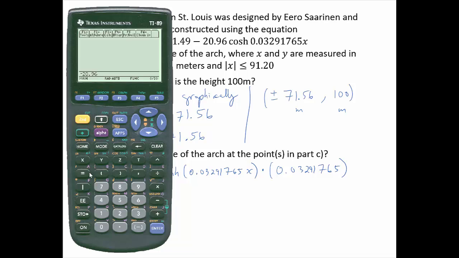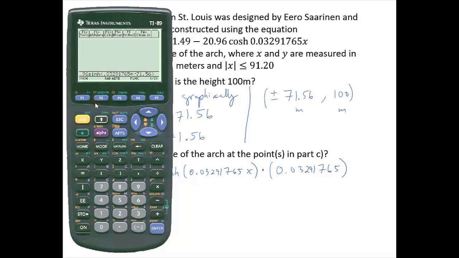hyperbolic sine. So again, I need to go to the math menu, scroll down to C, bring up the hyperbolic sine, and then I'd have 0.032911765 times negative 71.56.